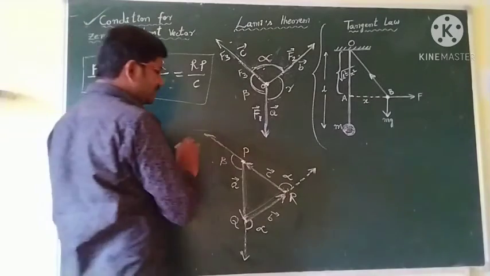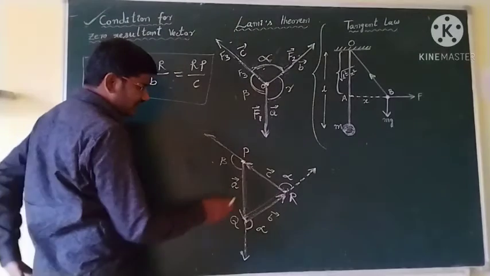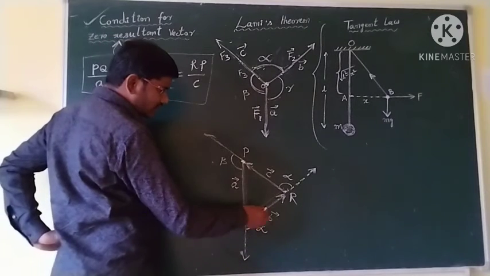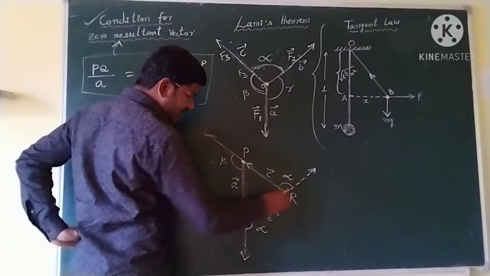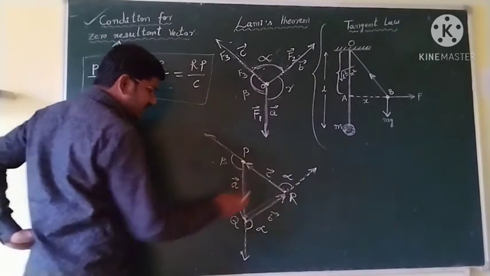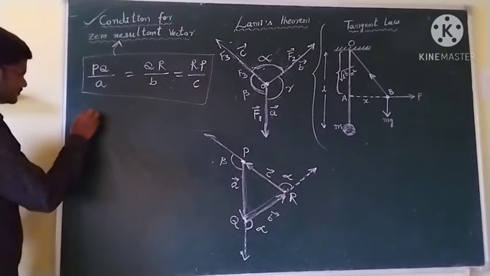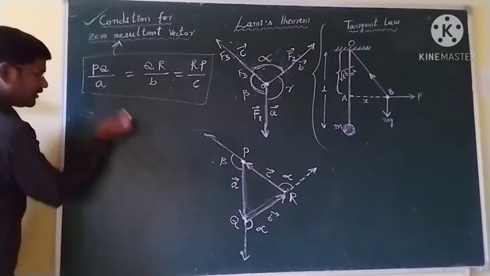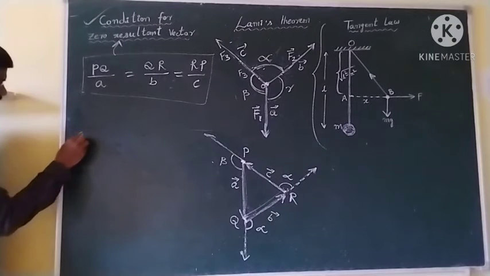Or in Lami's theorem, what are you writing? This is A, and the angle between the other two vectors B and C. This is the direction of B and C. I am writing with small letters here.